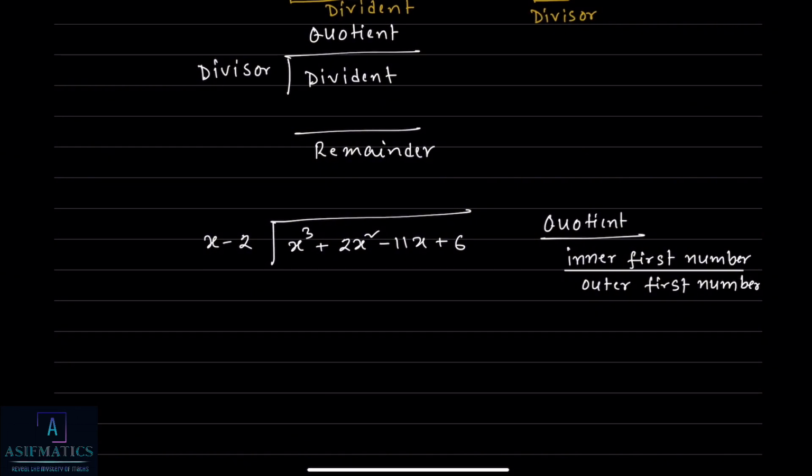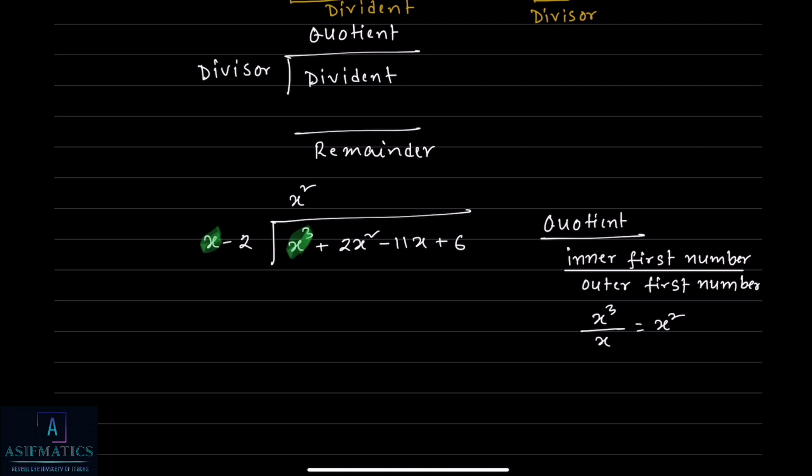Here, this x cubed is our inner first number that has to be divided by the x. So x cubed divided by x is x squared, and this is your first quotient, so write x squared on top.